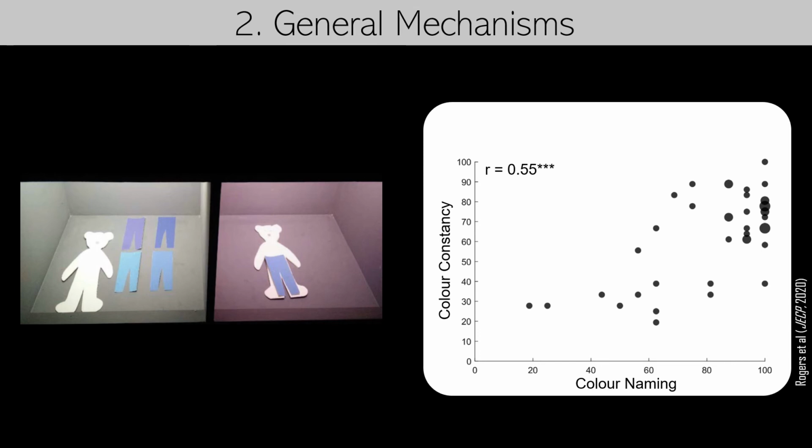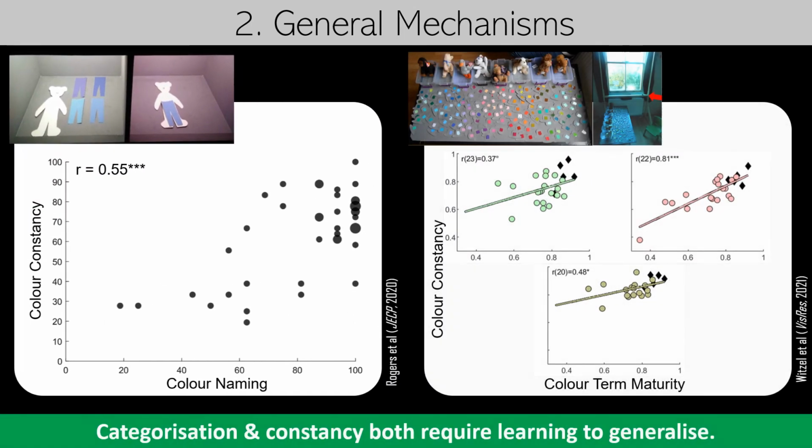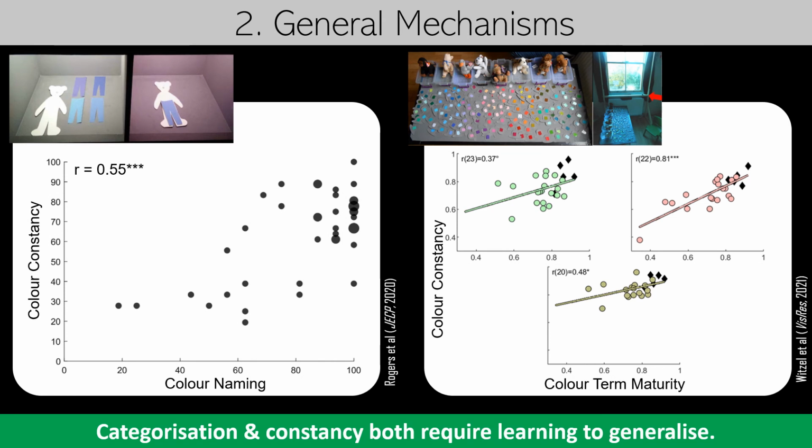And we asked children to match colors across illuminations, as in the left image here. And we found that their color constancy was related to their color naming performance, but not to age or color discrimination performance. We confirmed that relationship in a study in which we measured color categorization across different illuminations.